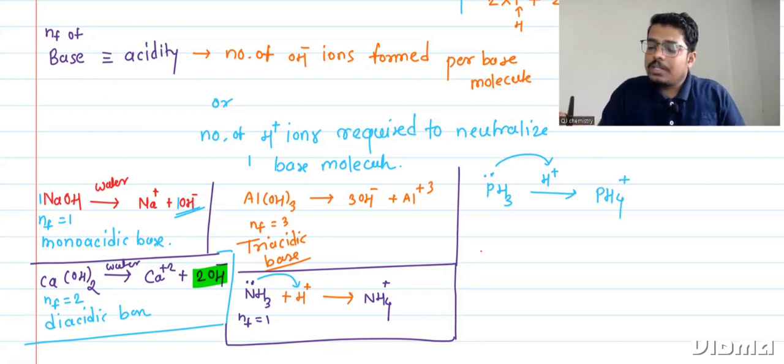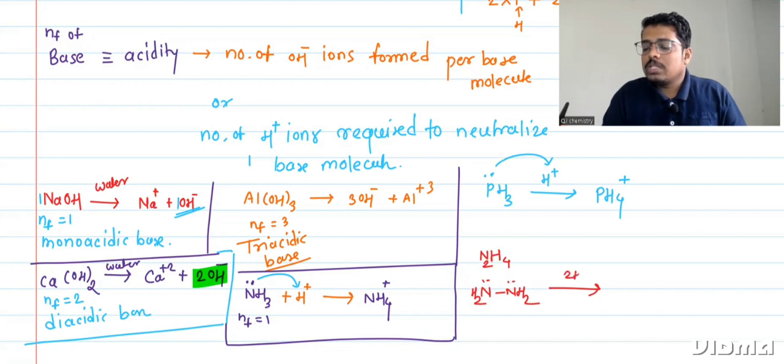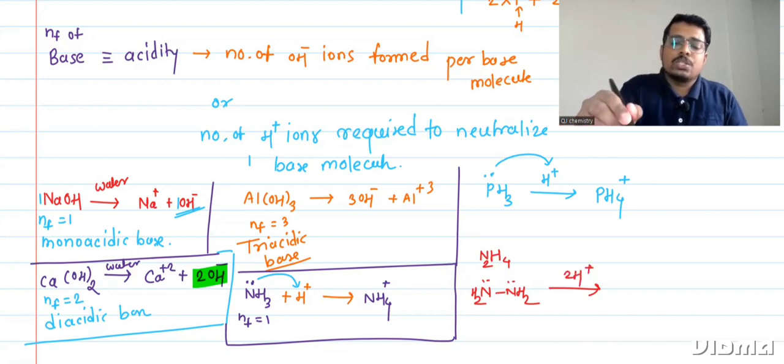Next example is hydrazine, N2H4 or NH2-NH2. There are two lone pairs in hydrazine. So now these two lone pairs require 2 H plus ions for their complete neutralization.